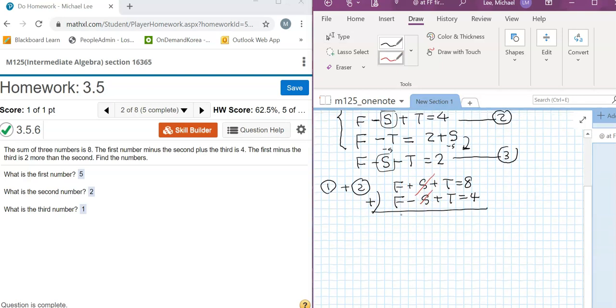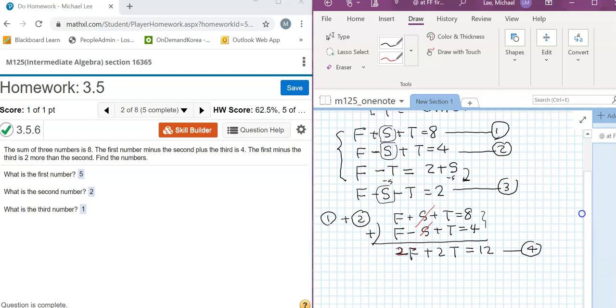So I have 2F plus 2T is 12. So I'm going to number this equation 4.